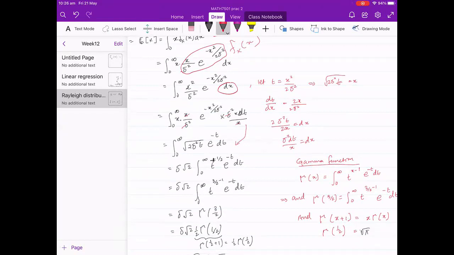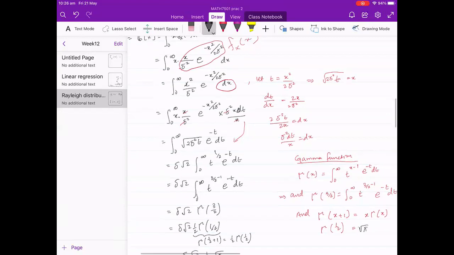Because 2 sigma squared is a constant, I took it out, and then I only have t to the power half, which is square root of t.